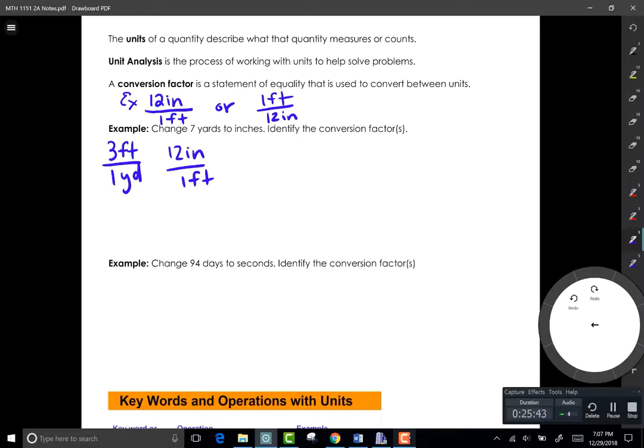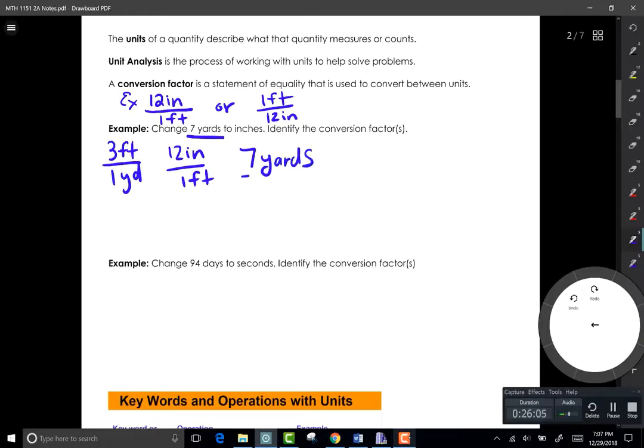When we are trying to convert units, that's when the order matters, what you put on the top and the bottom, so that you cancel the units out and keep the units that you want. So we always start with what we're trying to convert. I'm trying to convert 7 yards into inches. So I'm going to write down 7 yards.